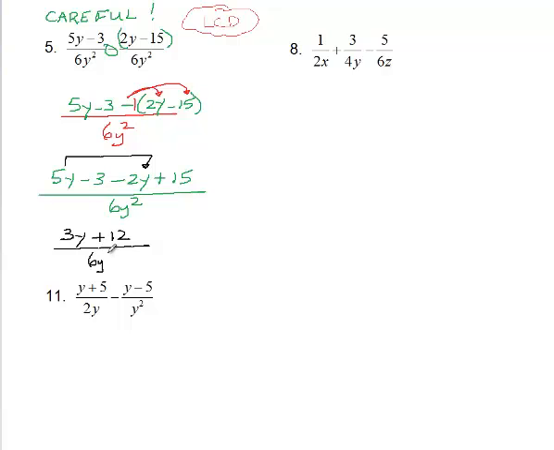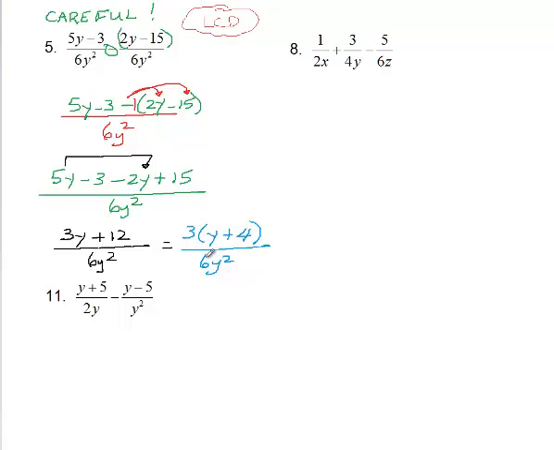And again, keep simplifying until you can't go any further. You might have noticed already, there's still a GCF, greatest common factor, in the numerator. So we factor that out. We can see 3 is common, leaving me with y plus 4 all over 6y squared. Now there's a further simplifying here, if you can see it.